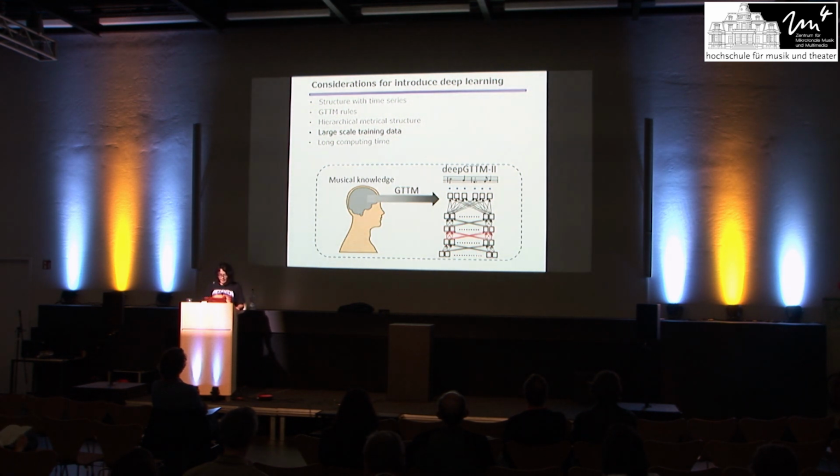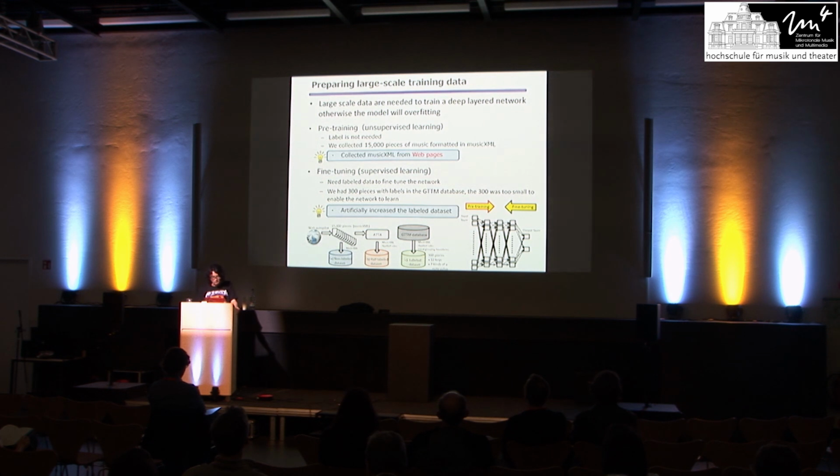And the next one is large-scale training data. The large-scale data are needed to train a deep layer network, otherwise the model is overfitting. The label is not needed for unsupervised pre-training, so we collected 15,000 pieces of music formatted in MusicXML from web pages.